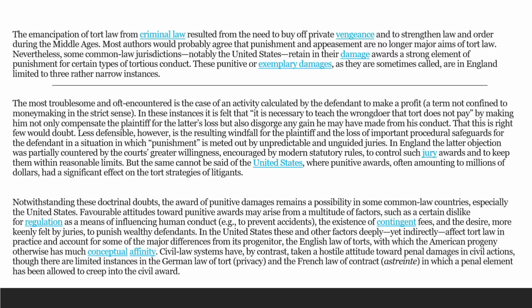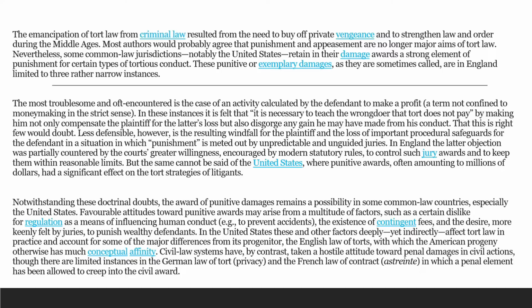These punitive or exemplary damages, as they are sometimes called, are in England limited to three rather narrow instances. The most troublesome and often encountered is the case of an activity calculated by the defendant to make a profit, a term not confined to money making in the strict sense.